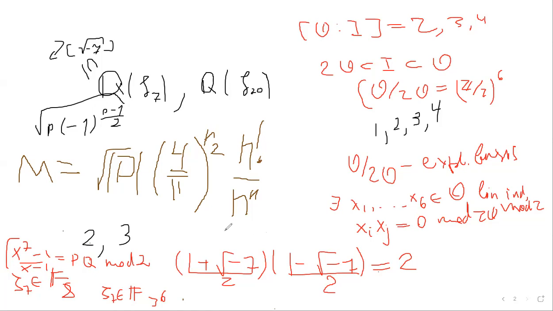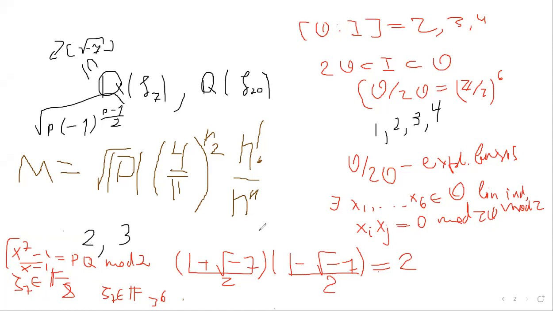We know that O divided by this. But isn't the norm of this guy too large? Yes, the norm of this guy is too large in the end.